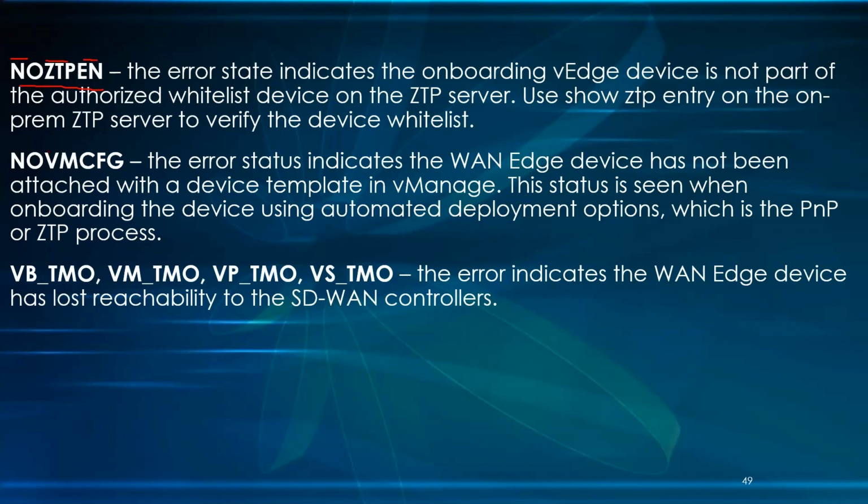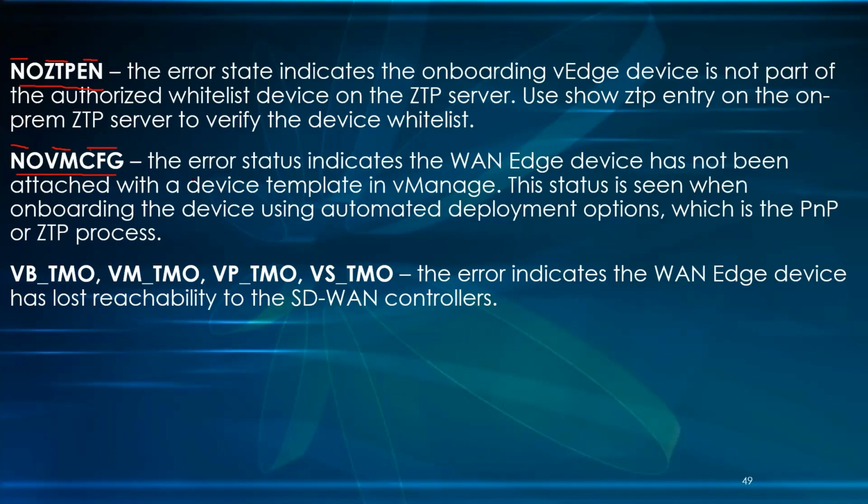Another one is the NOVMCFG, which means no VM CFG. VM means the vManage and CFG is the configuration. So it says the configuration of the device which you want to onboard by ZTP. If the ZTP process is clear, the next step within ZTP is that it should be pulling the configuration from the vManage.